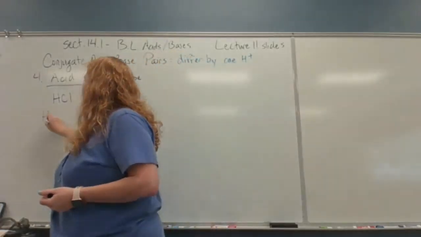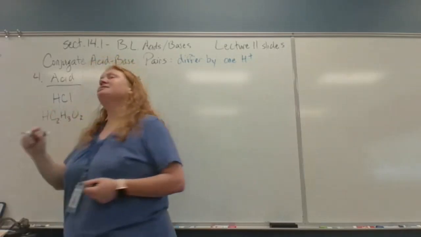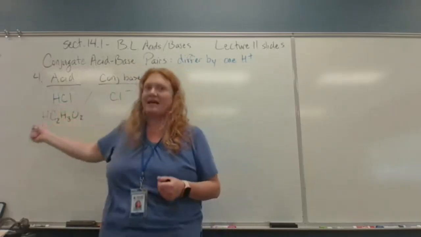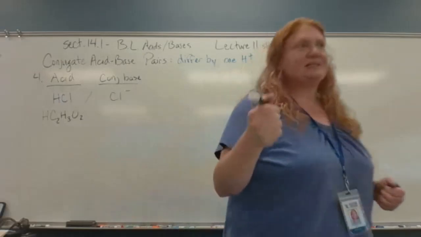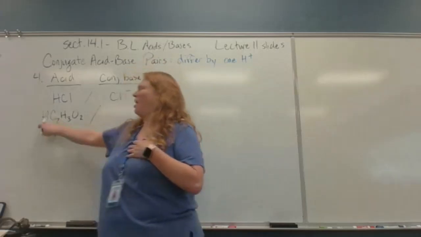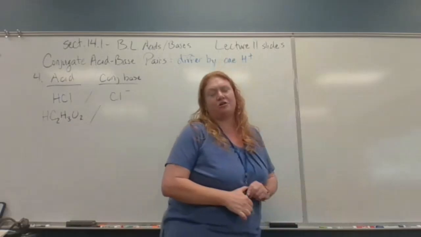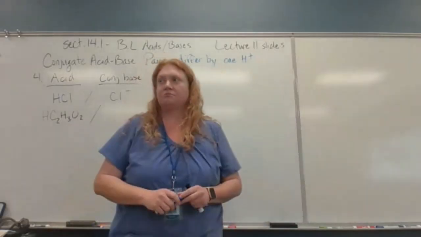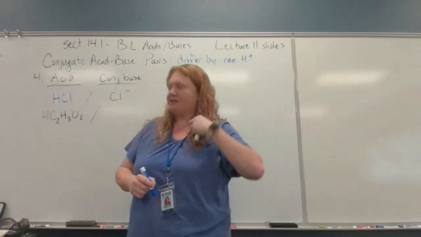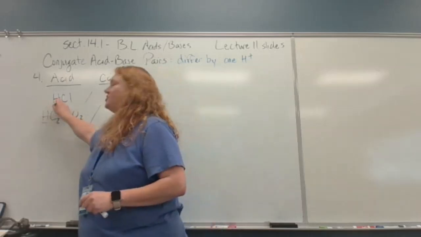We talked about this one yesterday. What is this acid? This is my favorite acid. Vinegar is the name of the solution that this makes with water. What is this acid name? Acetic acid. Yes, acetic acid is my favorite. And this has some options about which H is going to get given away. But I told y'all, until we get more into some structure things, we're giving away that first H listed.